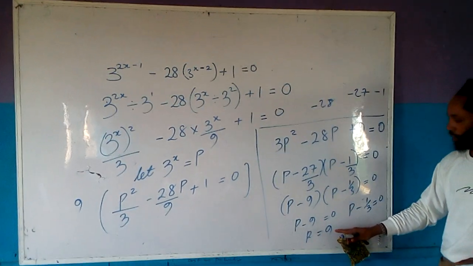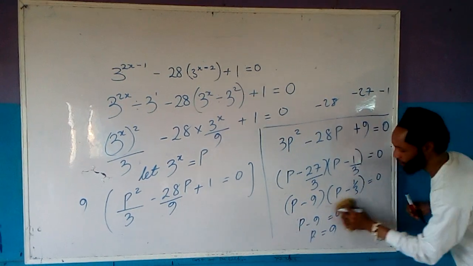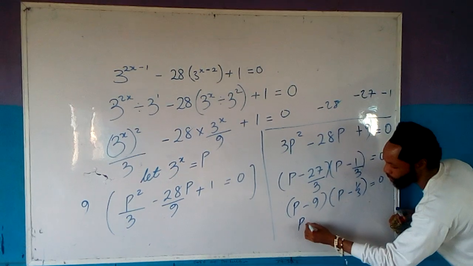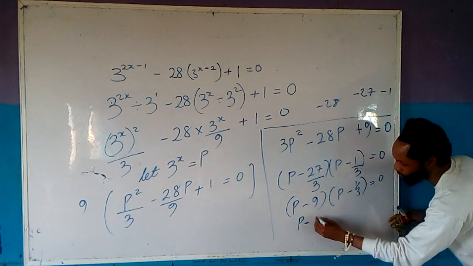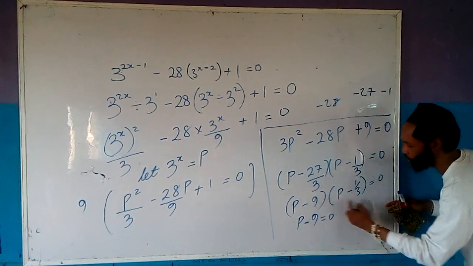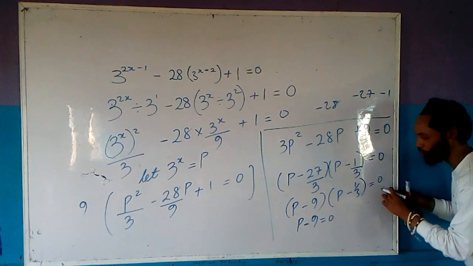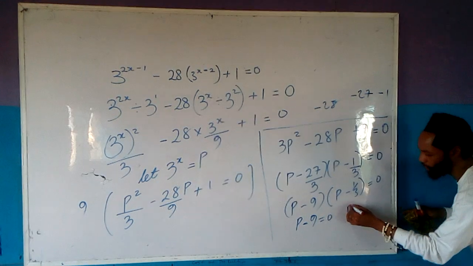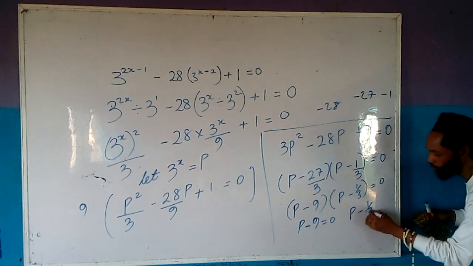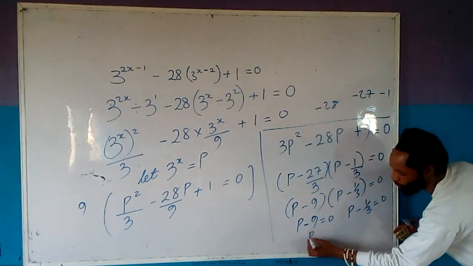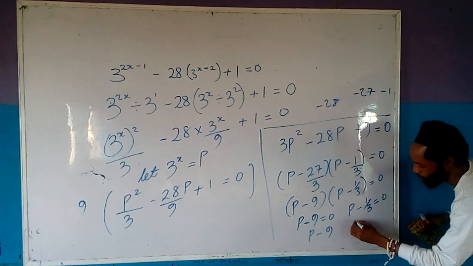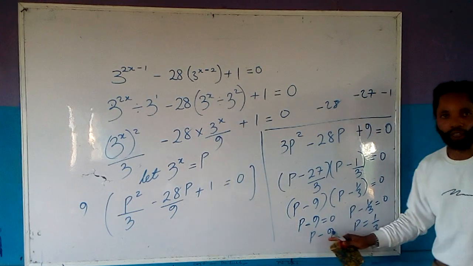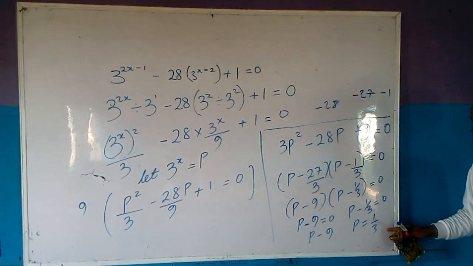So what I did is that, for those that can't see, if you set each one equal to 0, P minus 9 equal to 0, because if these two multiply to give you 0, then each of them should be equal to 0. If you set this equal to 0 and set the other side equal to 0, P will be equal to 9 and P will be equal to what? 1 over 3.